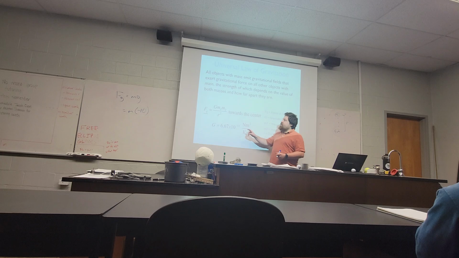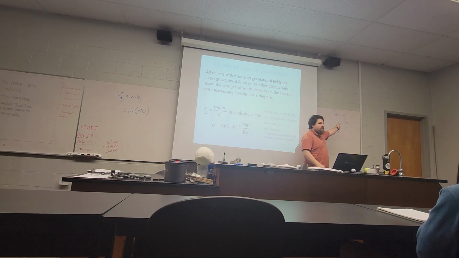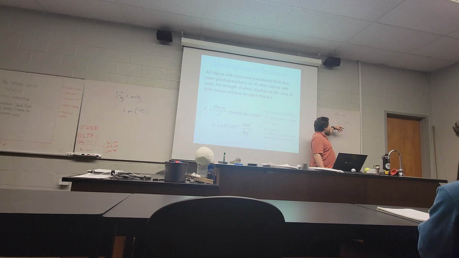But you need the two masses, and you also need to know how far apart they are. So divided by r squared, and it's using r in the same way we use it here. It's the distance between their centers of mass. And again, we call it r because it is technically the radius of the giant circle of gravitational field that the objects create.